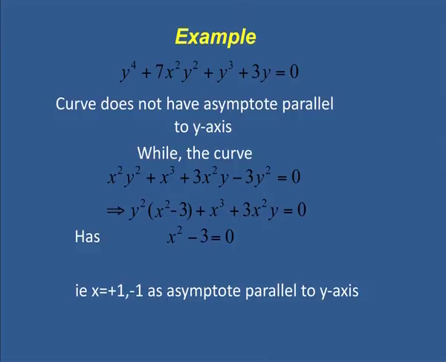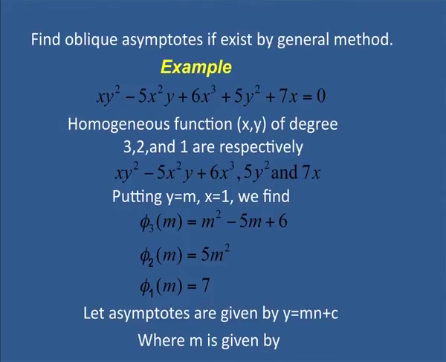This curve has two asymptotes parallel to the y axis as x square minus 3 is equal to 0, that is x is equal to plus or minus root 3 are the asymptotes parallel to the y axis. Now, we find the oblique asymptote, if it exists, by the general method of finding asymptotes.